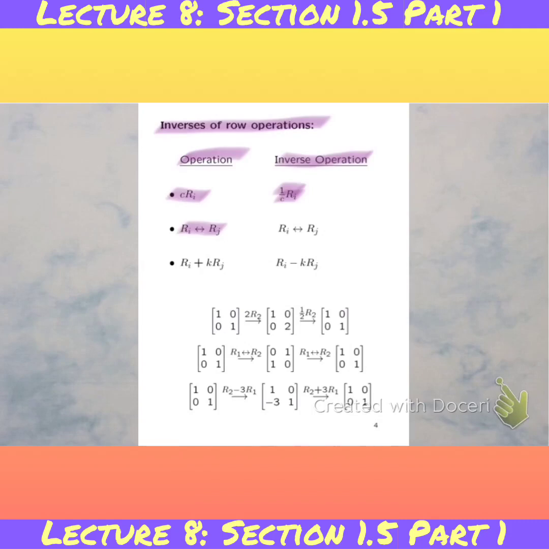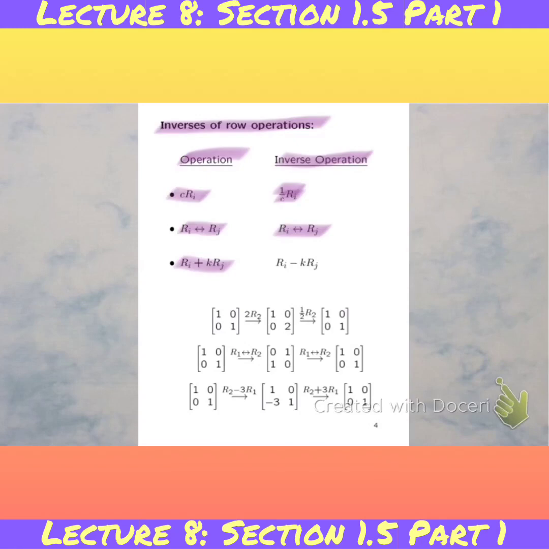Then if you interchange the ith row and the jth row to get a new matrix, how do you reverse that? Interchange the ith row and the jth row of the new matrix again, and you get the original matrix back.